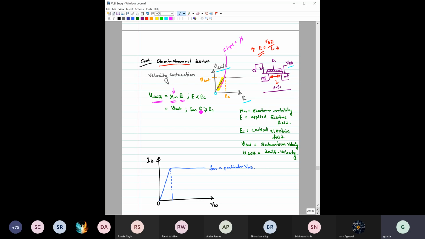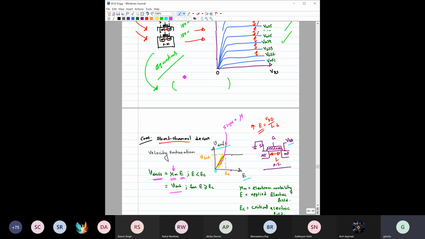Now you simply say we have entered into the velocity saturation region, so the drift velocity becomes constant, equal to Vsat. This effect comes into the picture as you reduce the gate length significantly, because then the electric field would be somewhere here, and you are operating in the velocity saturation region.